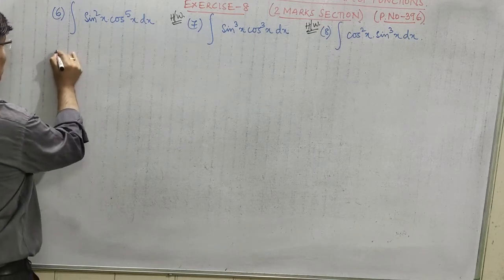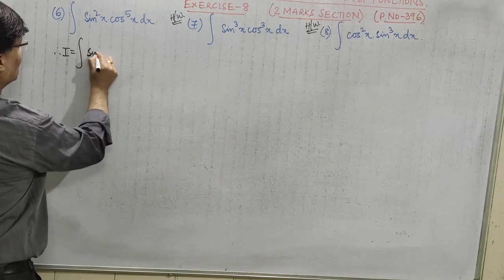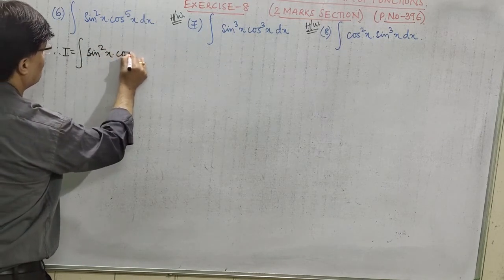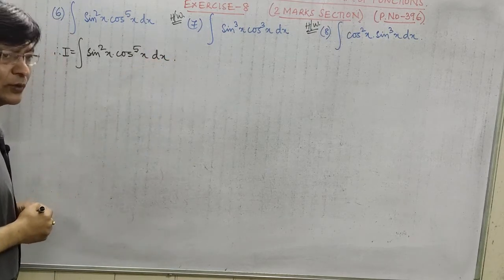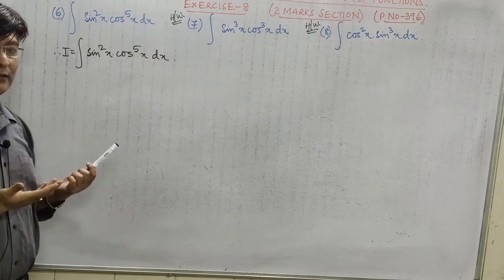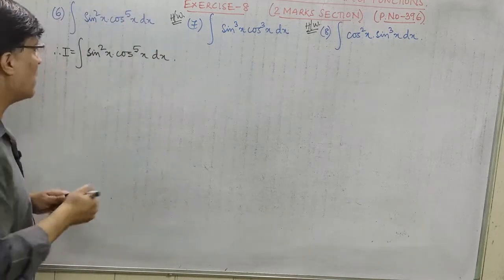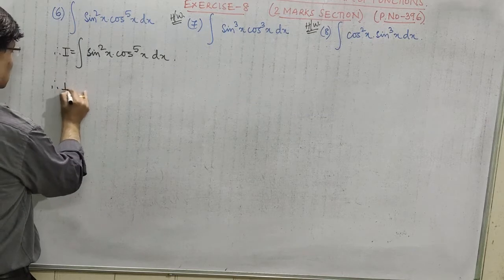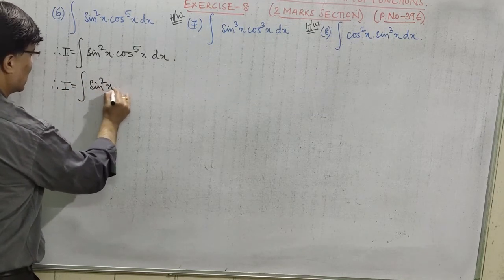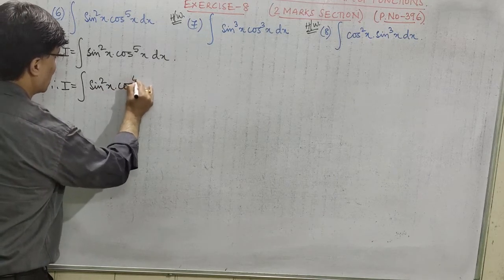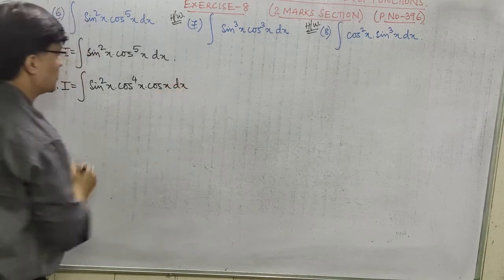So let us first write I is equal to integration of sin square x into cos to the power 5x dx. Okay? I already told you the method. If one power is even and the other power is odd, always break the odd power. That is, I is equal to integration of sin square x into cos to the power 4x into cos x dx.